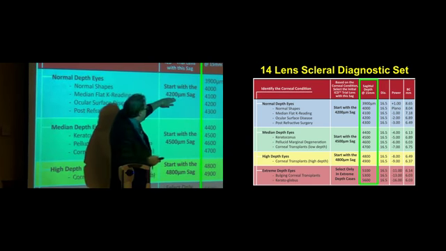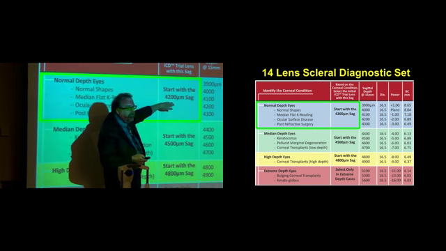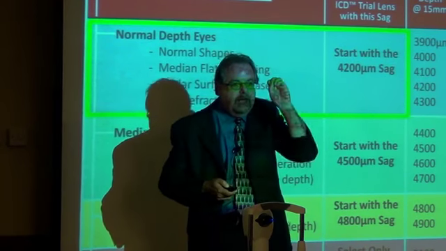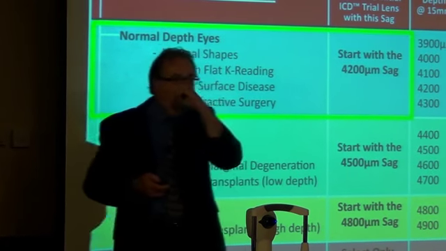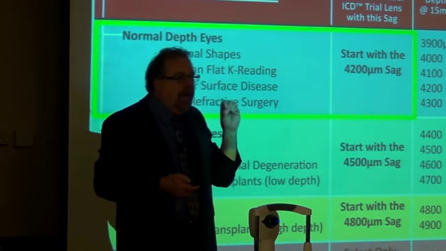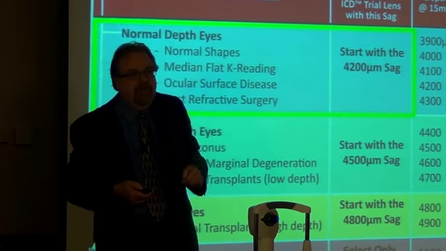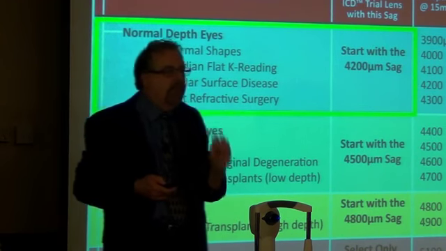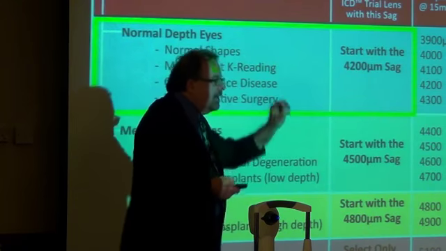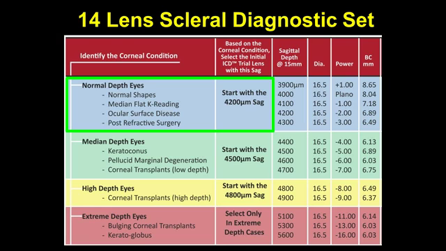And therefore, our go-to lens is this one right here. This is the contact lens that goes on every single patient where I suspect that that individual has a relatively normal sagittal height. One lens, one magic bullet.